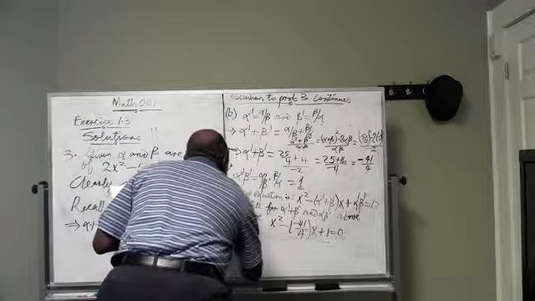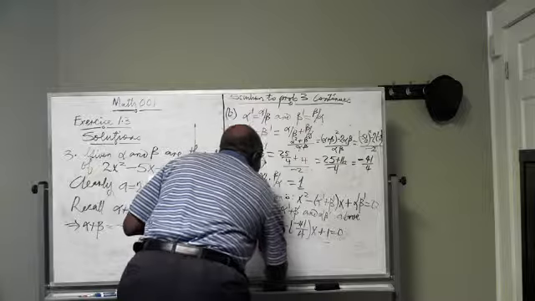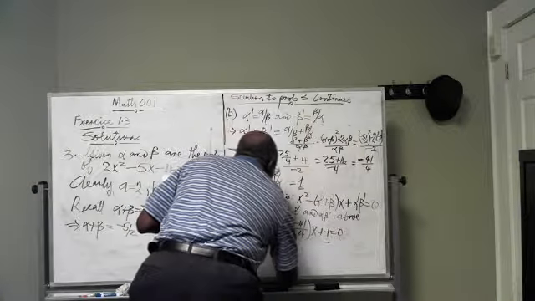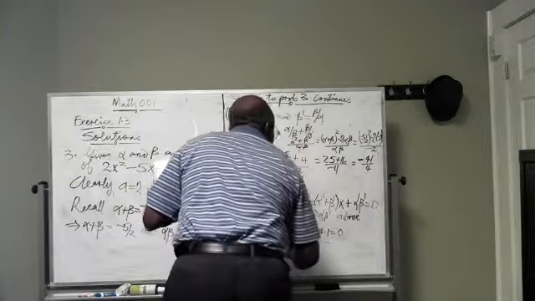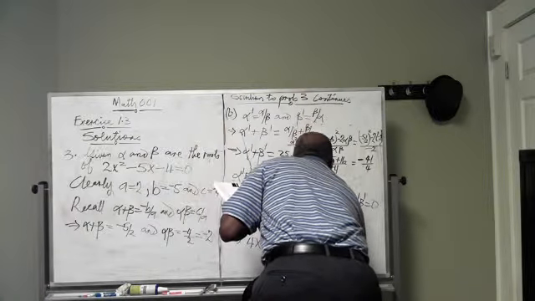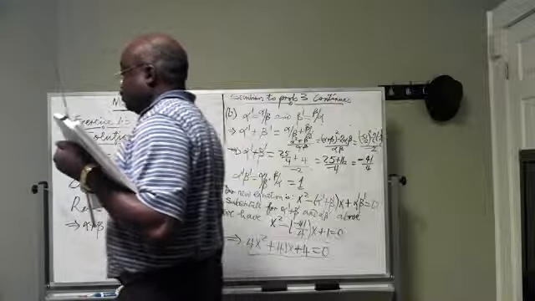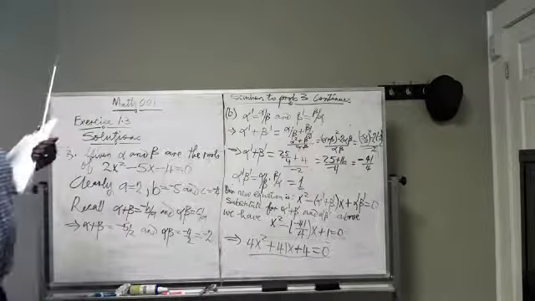This yields 4x squared plus 41x plus 4 equals 0, and that is our solution to problem B.